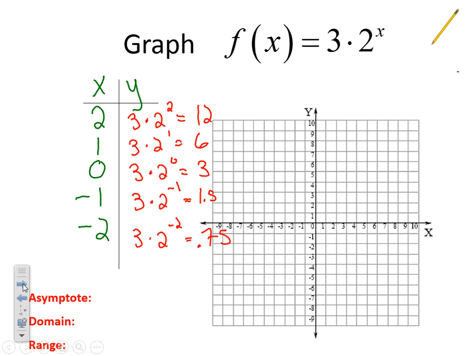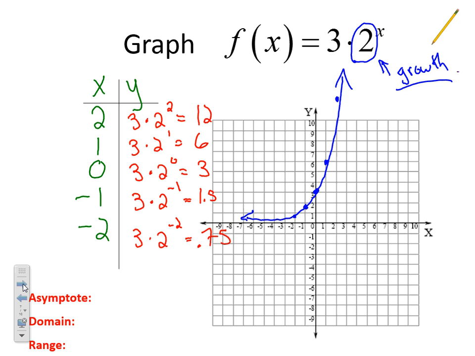So I have 2, 12, somewhere over here; 1, 6; 0, 3; negative 1, 1.5; negative 2, 0.75. Our graph is going to look something like this. Since it's going up to the right, this one's a growth. If we look here, b is greater than 1, so it's going to be a growth.